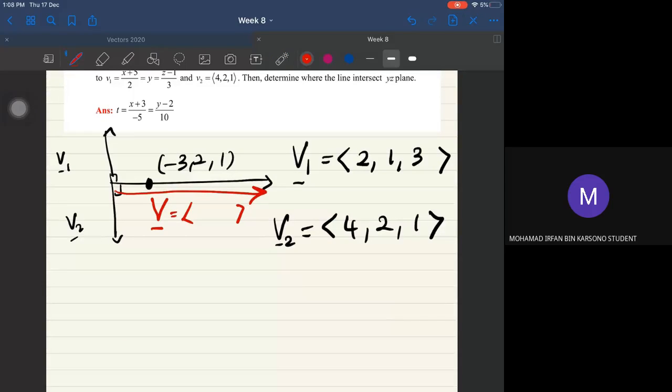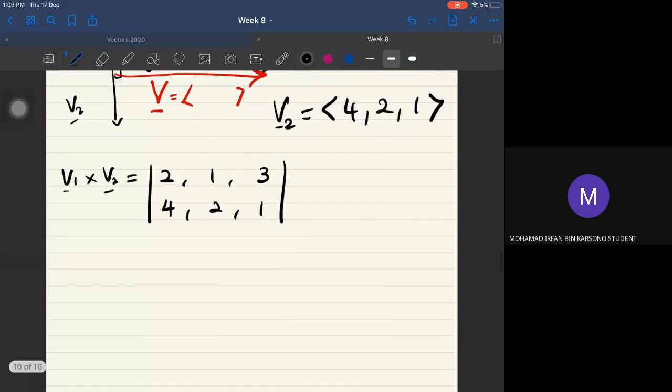Okay. So V1 cross V2 is equals to, so what is your V1? 2, 1, 3. Your V2 4, 2, 1. Okay. So solve for this one, you will have. Sekejap saya nak sambung.